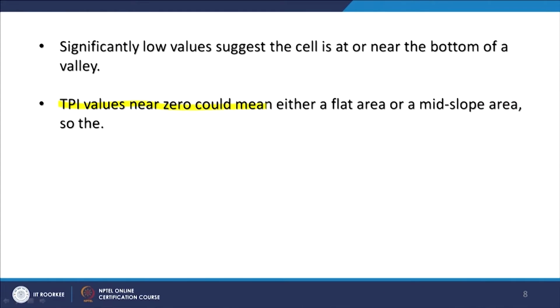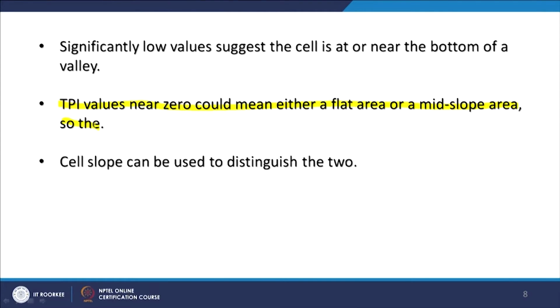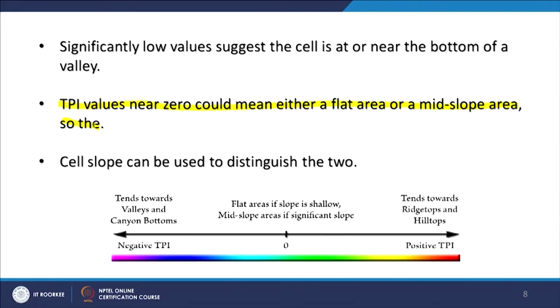So a few more cells have to be there in the surroundings, and once that is there, these categories can be decided. TPI values near 0 would mean either a flat or mid slope area, because the top of a hill can also be flat. So the cell slope can be used to distinguish the two, whether it is a flat or mid slope area.